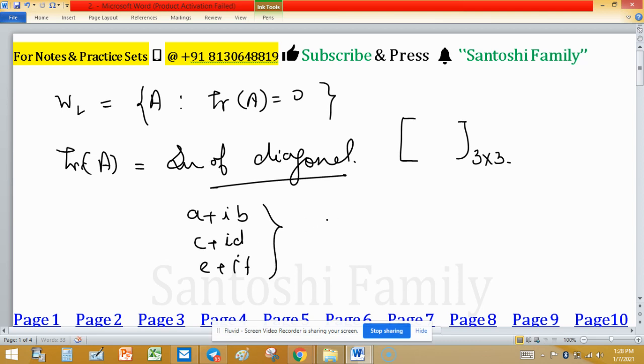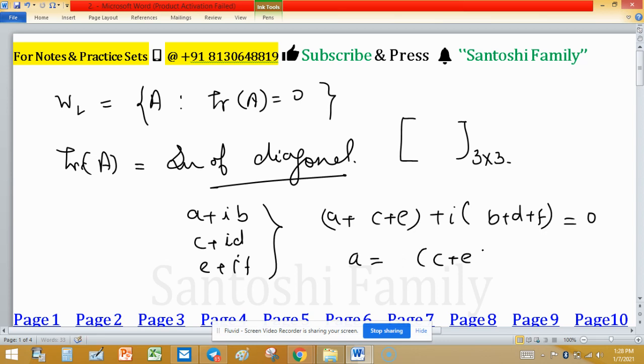The sum is a plus c plus e plus iota times b plus d plus f, and this equals 0 because trace of A is 0. It means the real part is 0 and the imaginary part is 0, so a equals minus of c plus e, and b equals minus of d plus f.